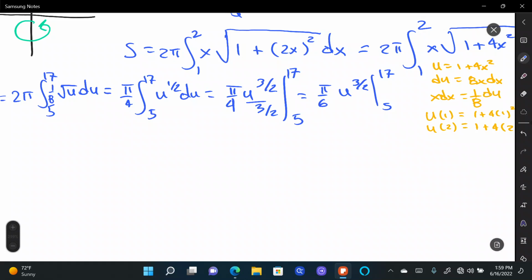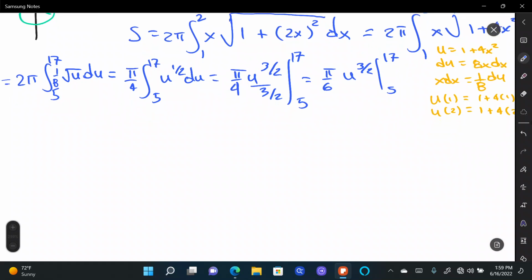So I'm not going to use that property of the radicals with the power outside of the radical. I'm going to use the one that is inside, and I'll show you why. So pi over 6 times the square root of u cubed from 5 to 17, upper limit minus lower limit.